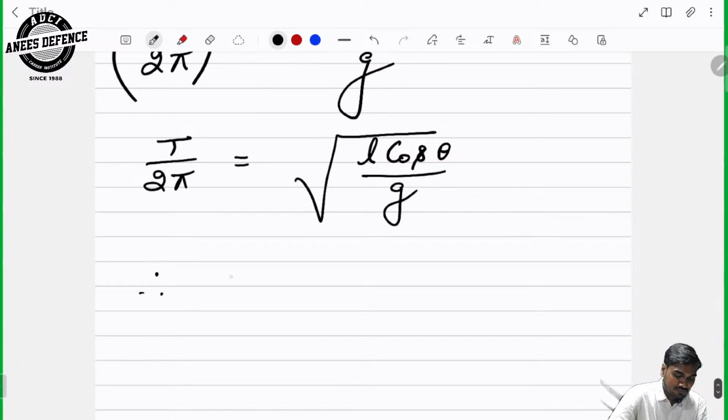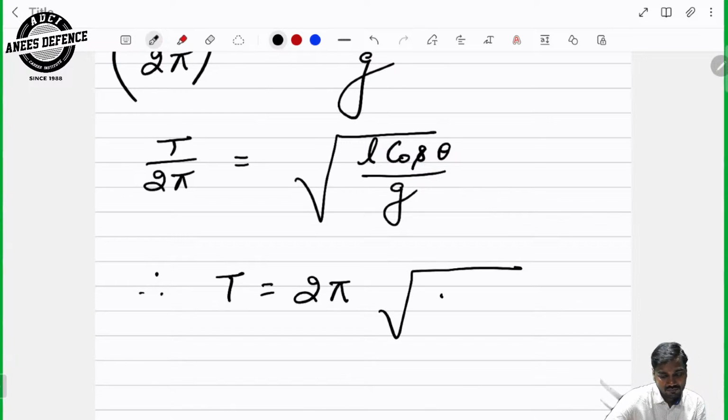Hence T is equal to 2 pi root L cos theta by g.